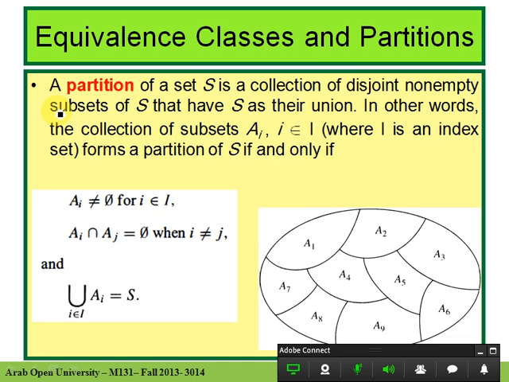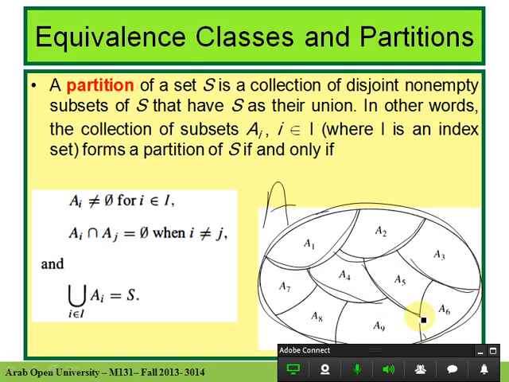For example, this is a set called set A. Now you make partitions of set A: A1, A2, A3, A4, A5, A6, A7, A8. If you do the union of all these partitions, you will get A again.